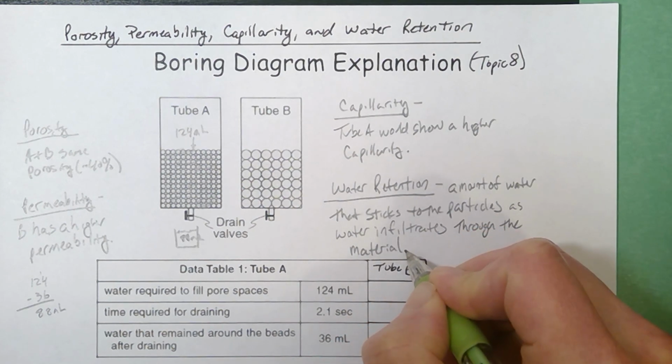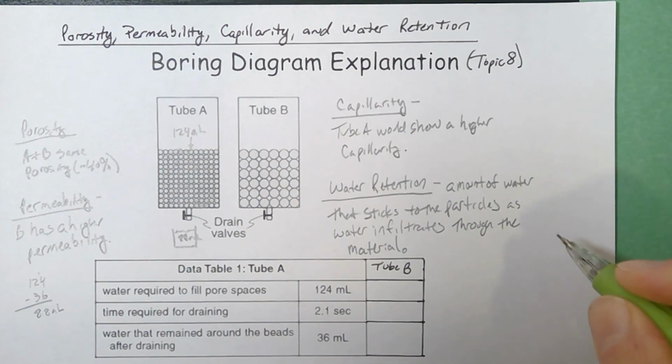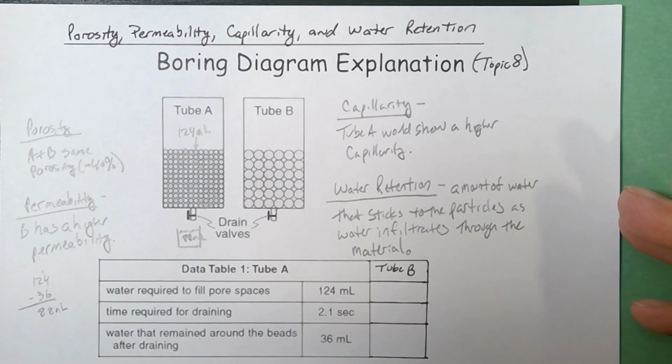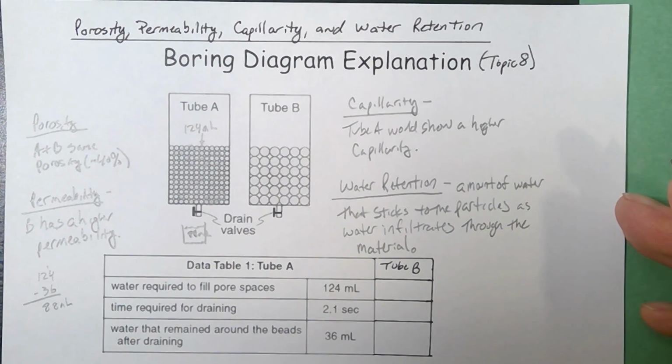Now, how much sticks honestly depends on the amount of surface area. When you have smaller particles, an equal volume of small particles is going to have a greater surface area.